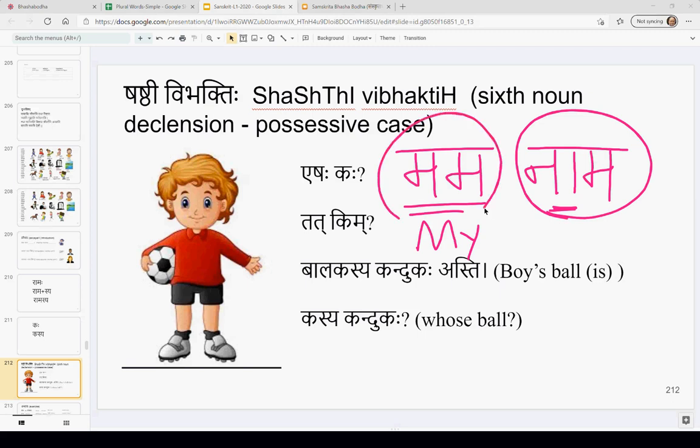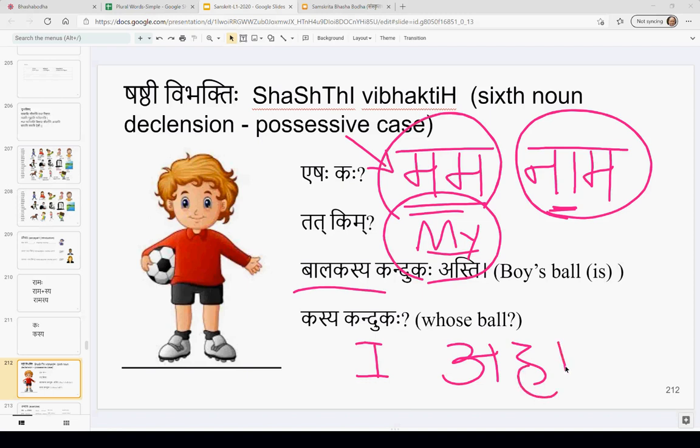But right now focusing on this mama. So this is also my. My means of me, belonging to me, like balakasya, of balaka, of me. So this is also shashthi vibhakti. What is the prathama vibhakti for I? Not my. Prathama vibhakti is aham. Aham is prathama vibhakti ekavachanam. Aham means I. Its shashthi vibhakti becomes mama, of me. This aham and mama follow a different pattern.